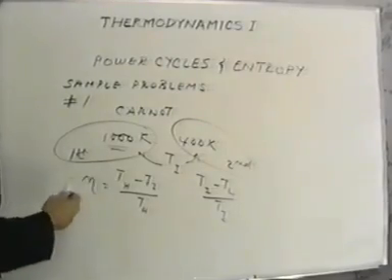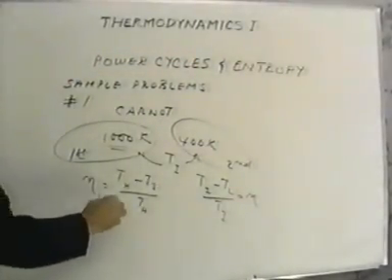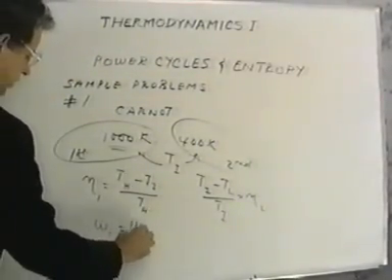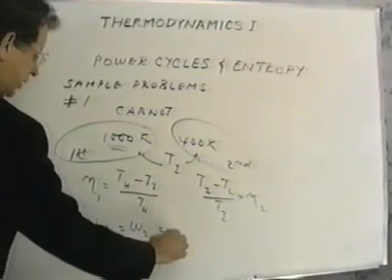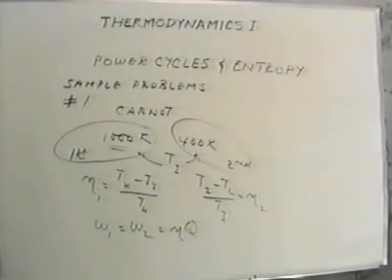Now this is efficiency, I'll call these eta sub 1, eta sub 2, and we're given that they do equal work. But work is given by the product of efficiency times the heat in.